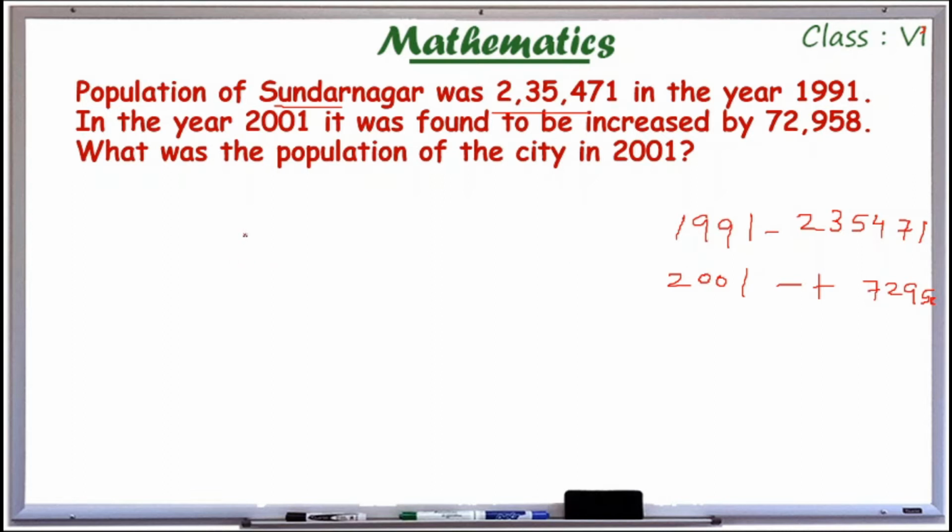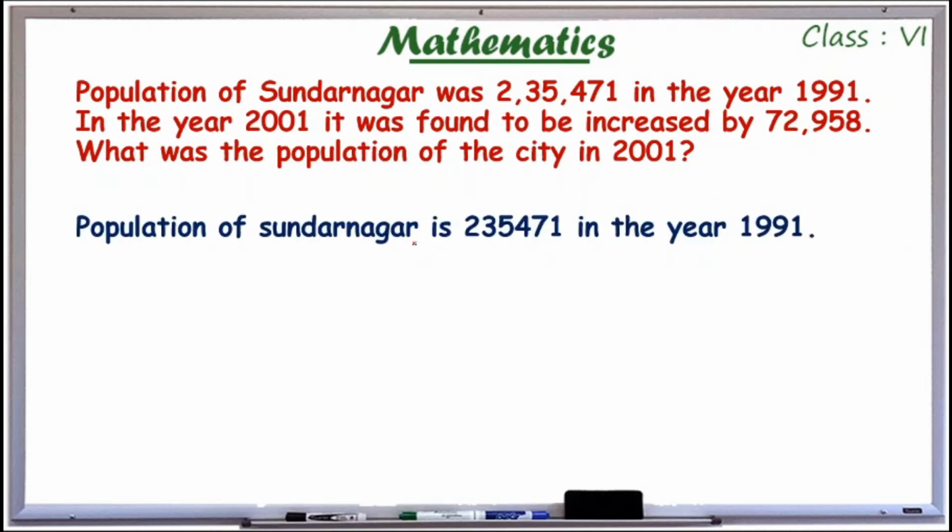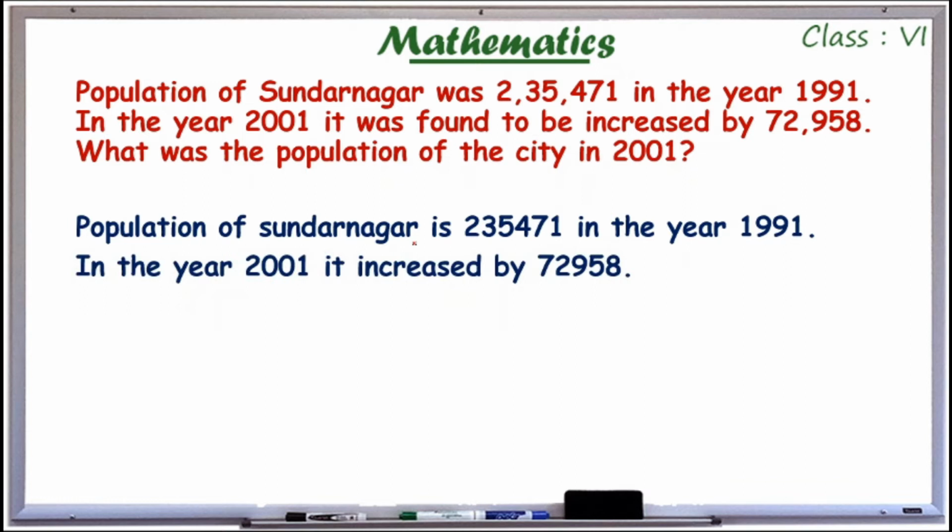So we have to simply add 2,35,471 plus 72,958.